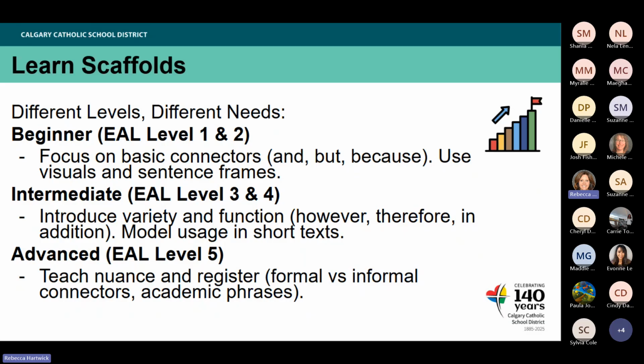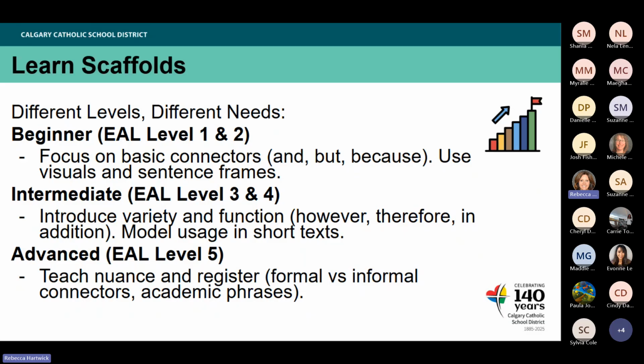For these students, you would focus on basic connectors: and, but, because, and use visuals and sentence frames. So again, if you were using the poster, you could highlight some of the words on the very left-hand side, which would be our more beginner words, and then you would also give them sentence frames with those to help them.